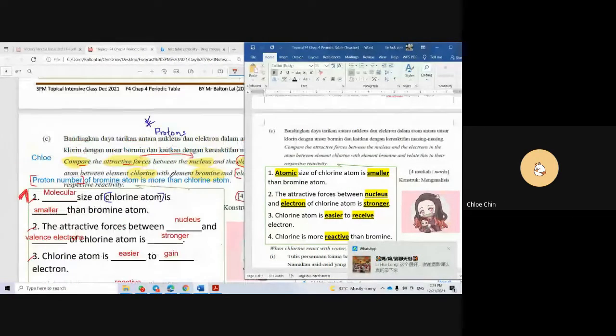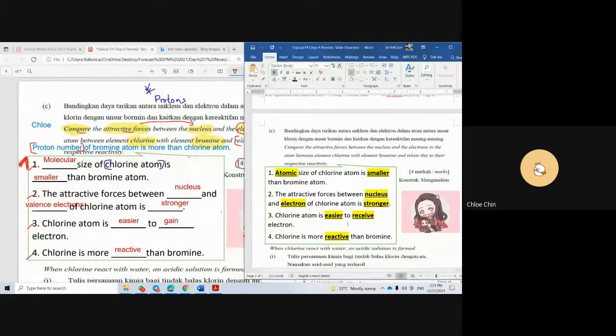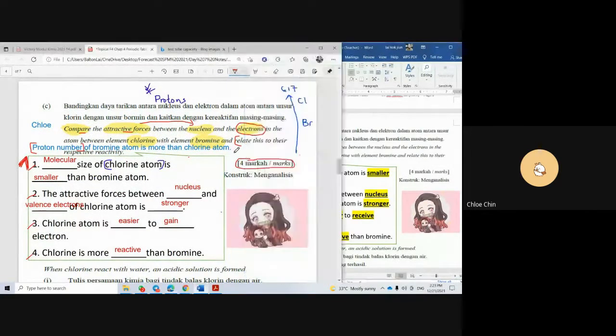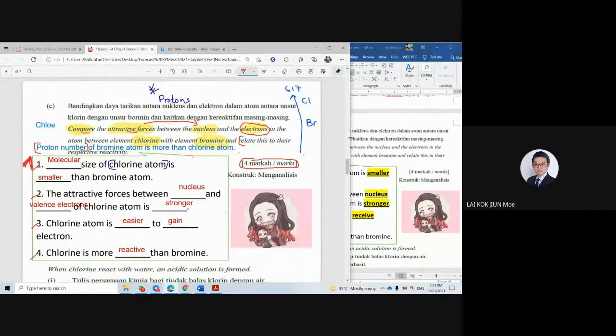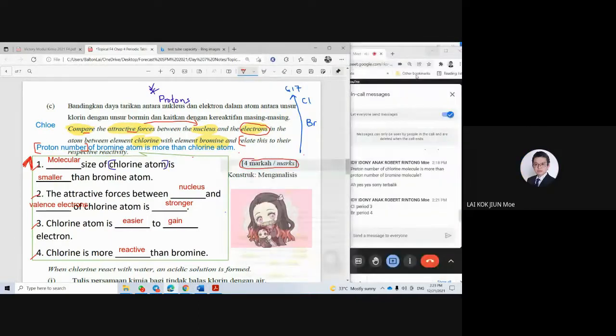Teacher, for the proton number, so when an atom has less proton number, it is more reactive. Proton number, yes, more proton number, then it's less reactive. More proton number, less reactivity. Is it like that? This one depends on which group. For the halogen group, more proton number means less reactive.